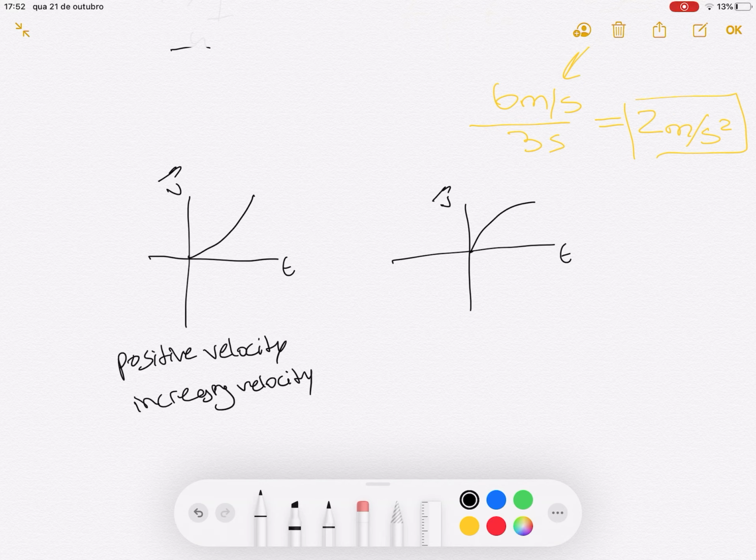And we can say that there is acceleration because the line is curved, and because it's going upward, and the line is above the x-axis, we can say that it is positive acceleration.